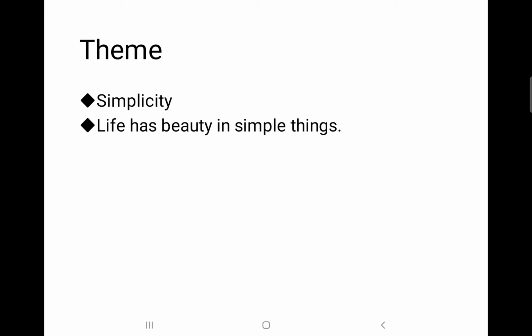Even simple ingredients like tomatoes and eggs and rice cooker and rice are beautiful and colorful. So life has beauty in simple things. All right? Main idea.